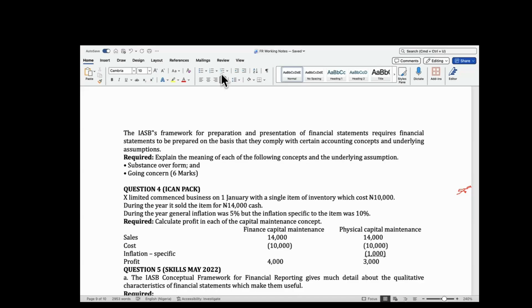Going concern concept states that a financial statement should be prepared with the assumption that it will operate continuously. It will operate till the foreseeable future.